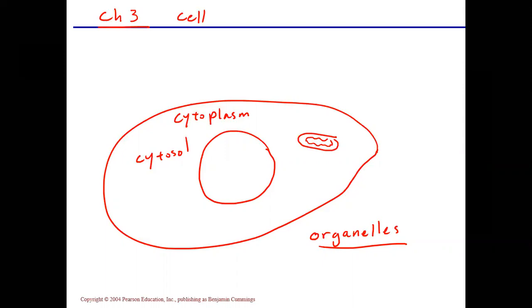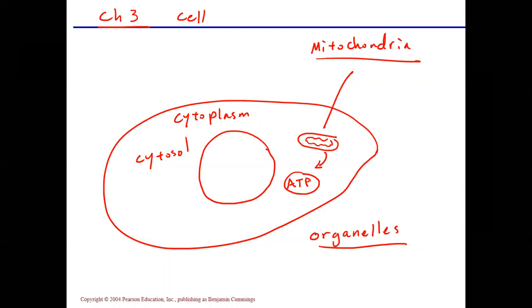So let's go ahead and take a look at the mitochondria. Mitochondria is a sausage-shaped structure, and what it does is generate energy for the cell. This energy is also known as the powerhouse of the cell. The energy that is produced is called ATP, adenosine triphosphate, which we discussed.